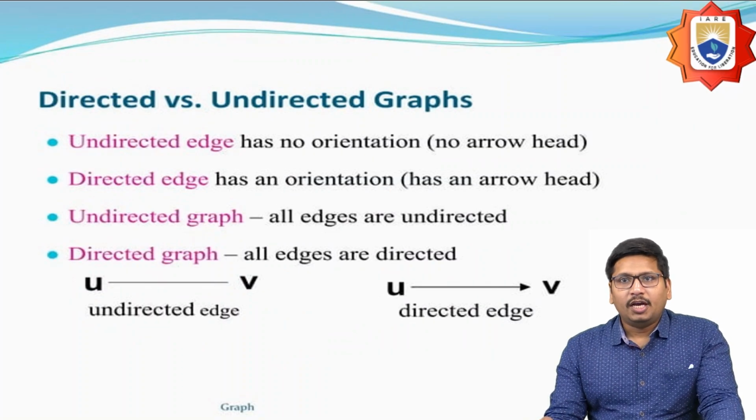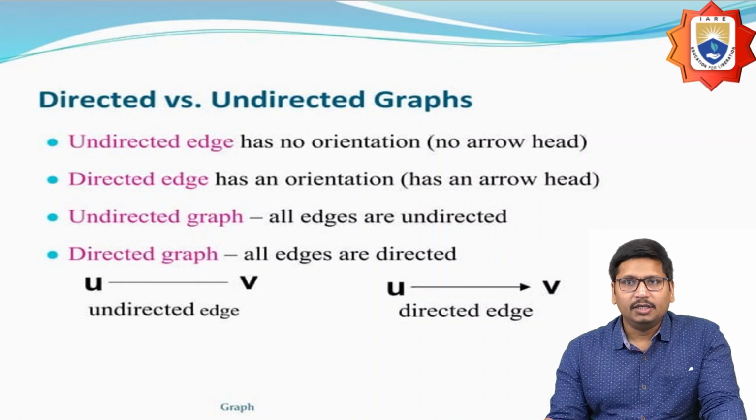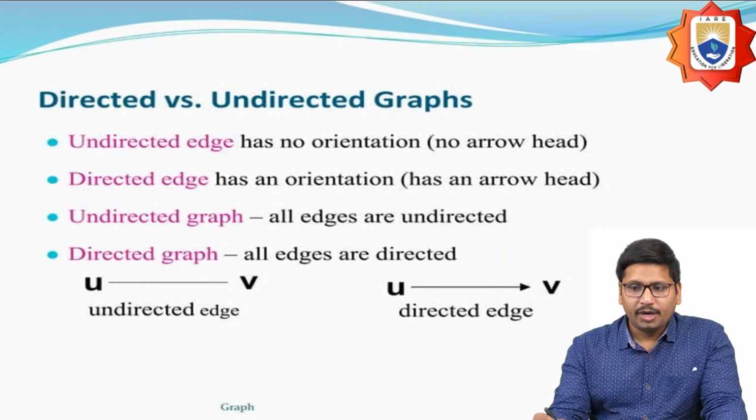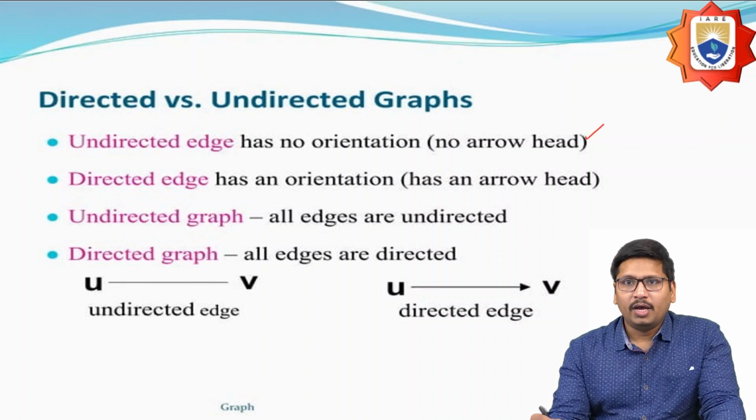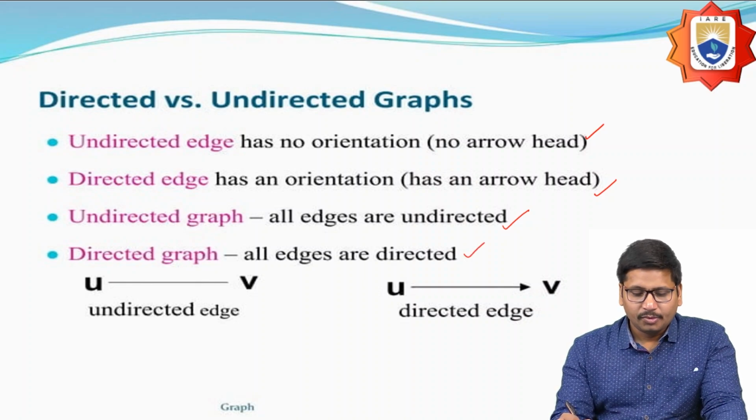There are different types of graphs: directed and undirected. An undirected edge has no orientation, that is, no arrowhead, and a directed edge has an orientation, an arrowhead.